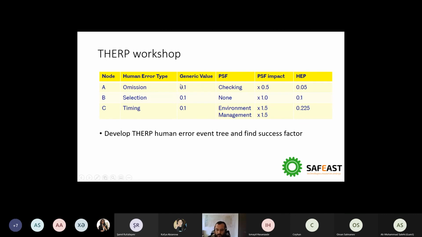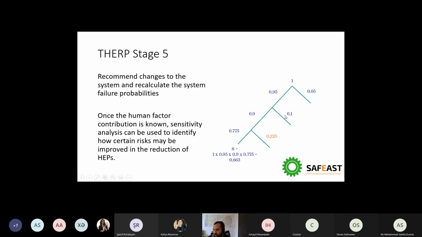So instead of every 10 times, now you will make 5 mistakes out of 100. This performance shaping factor will change your numbers a lot. You can see 0.05, 0.1, 0.1, then your success factor is changed a lot.